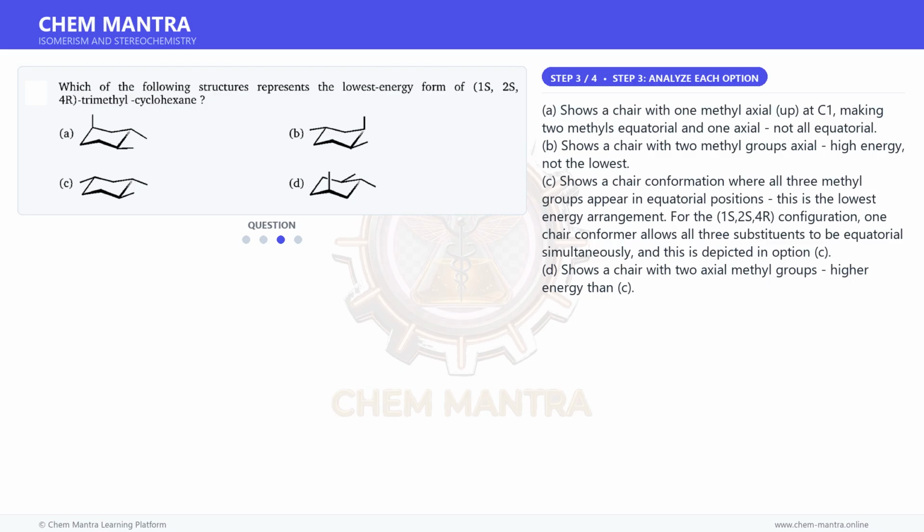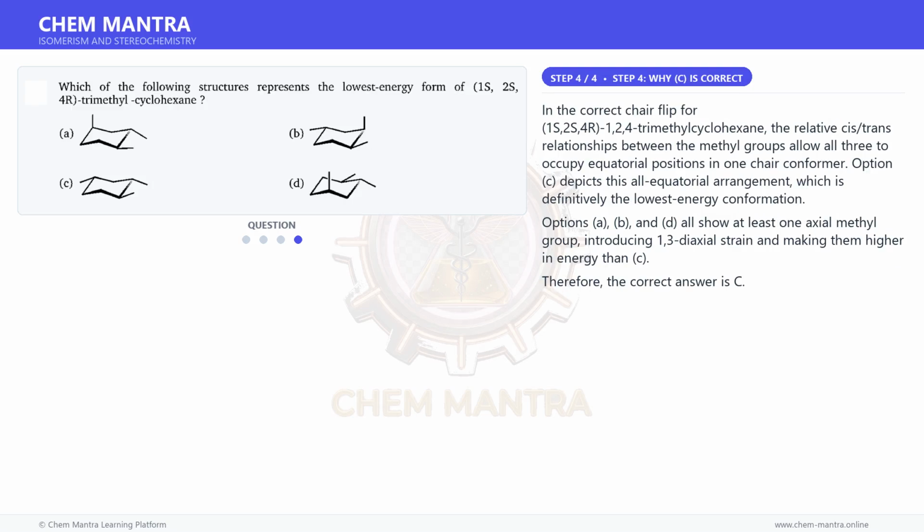This is the lowest energy arrangement. For the 1S, 2S, 4R configuration, one chair conformer allows all three substituents to be equatorial simultaneously, and this is depicted in option C. D shows a chair with two axial methyl groups, higher energy than C.